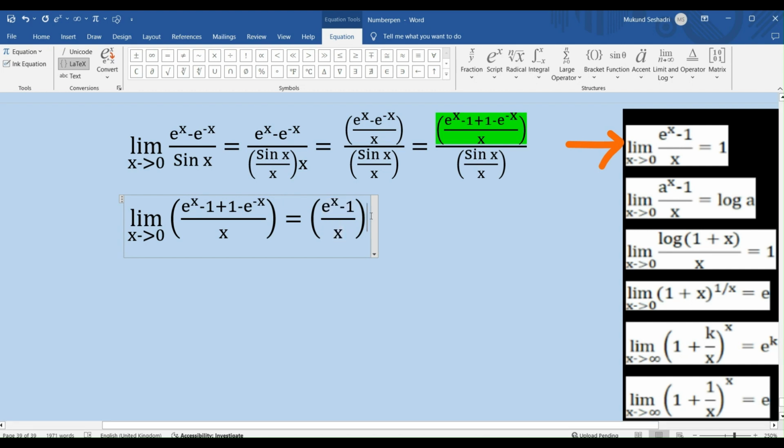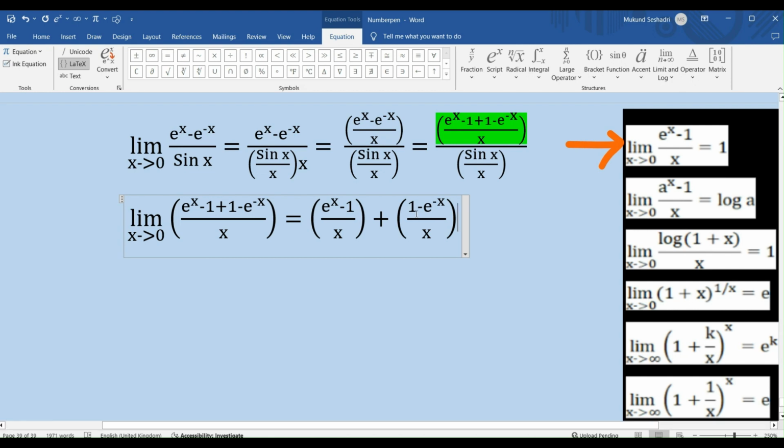This is one part, and the other part is 1 minus e to the power minus x divided by x, right?